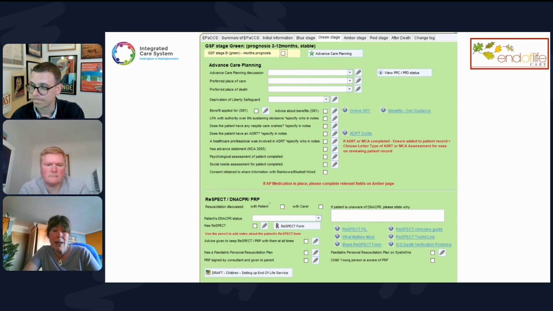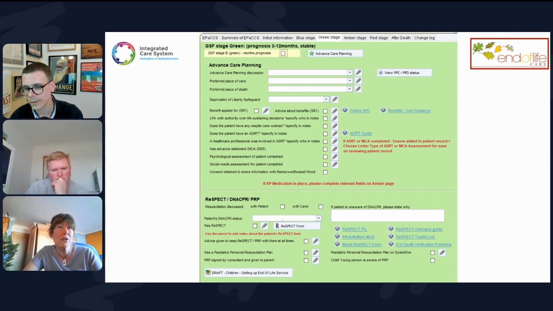So down at the bottom there, we've got some key useful bits. We've got DNAR and respect conversations, and there are some really useful tricks and tips with regard to this when we're doing respect. I normally save the coding bit until we've got the respect form, because once you've got the patient's priorities, it's much easier to have the resus conversation with them.